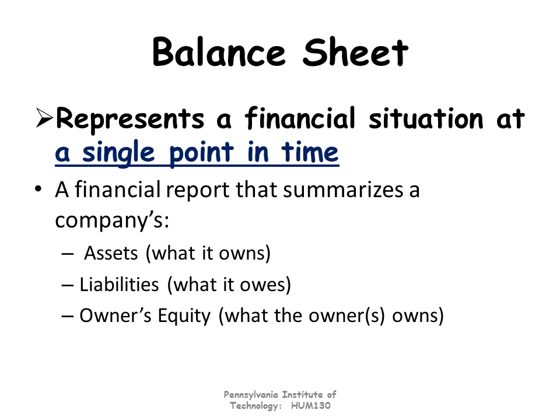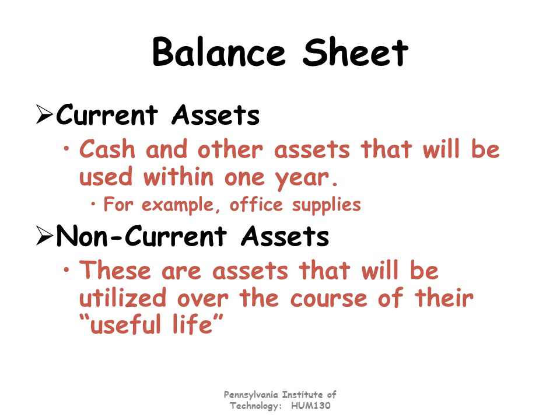And as I mentioned before, assets are what a company owns, liabilities are what it owes, and owner's equity is what the owner actually owns of that company. The balance sheet summarizes this information. Now, there are two different kinds of assets. The first kind is current assets, and those are assets that will be used up within a year. We call cash a current asset because it's easily converted into a transaction.